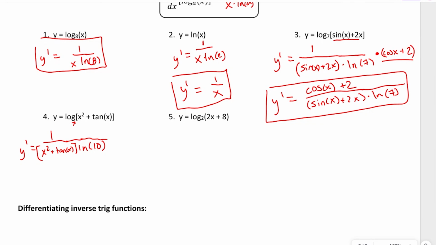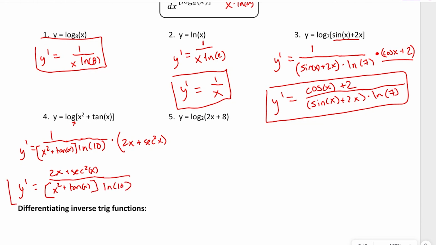So natural log of 10 would go there. Times the derivative of the inside, which would be 2x plus secant squared x. And again, let's rewrite this with that 2x plus secant squared x on top. It'll just look a little better. And there you go, there's a derivative.